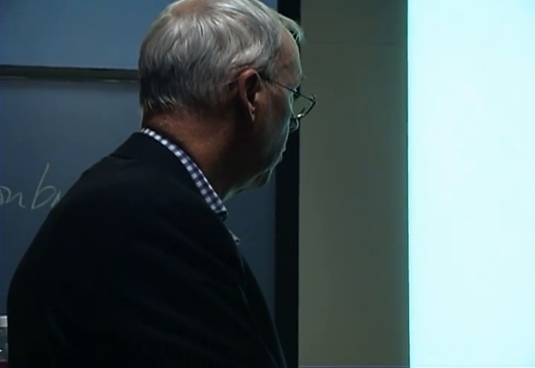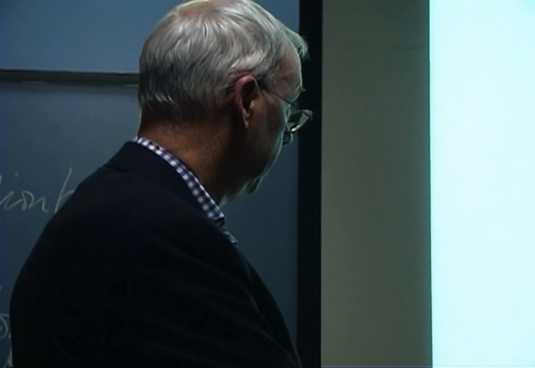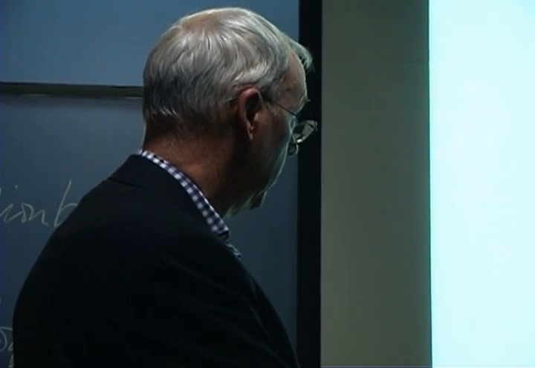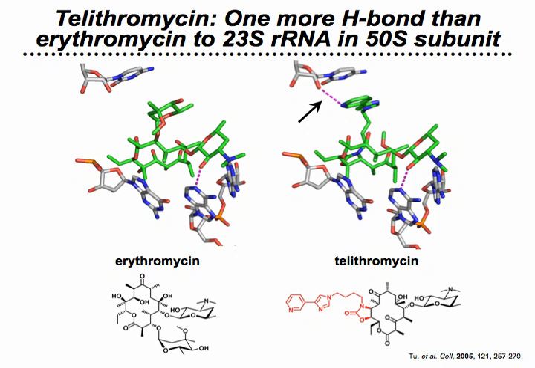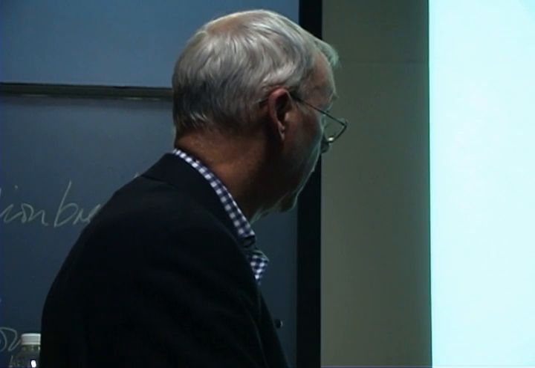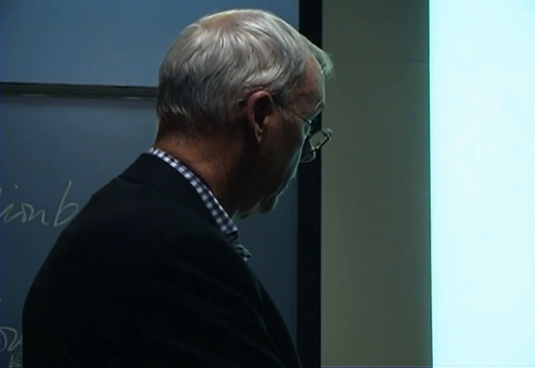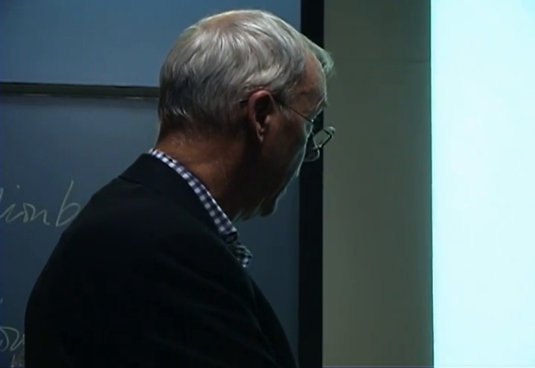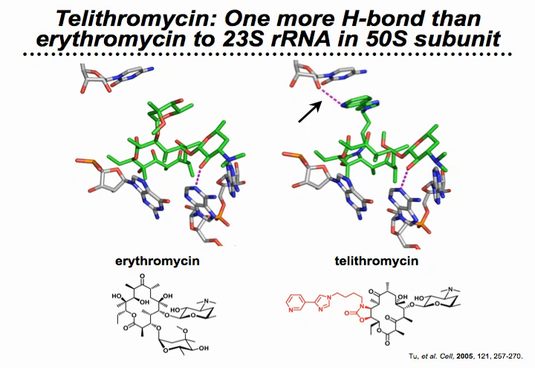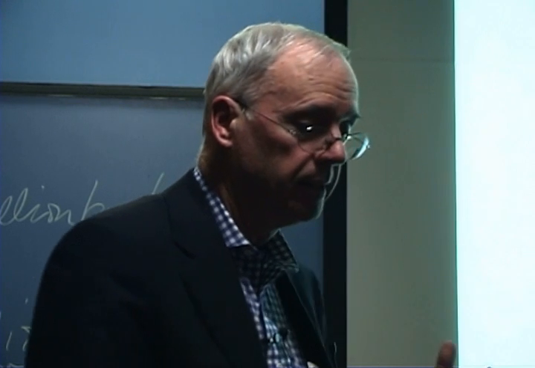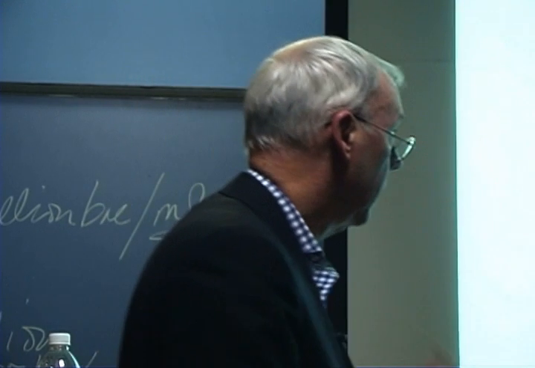The 14-membered macrocycle is shown here in 3 dimensions. The 2 sugars, one there, 2 sugars. And one of the sugars, this one, forms a hydrogen bond to part of the RNA in the bacterial ribosome. So this is one of the specific interactions of erythromycin with a bacterial ribosome RNA.